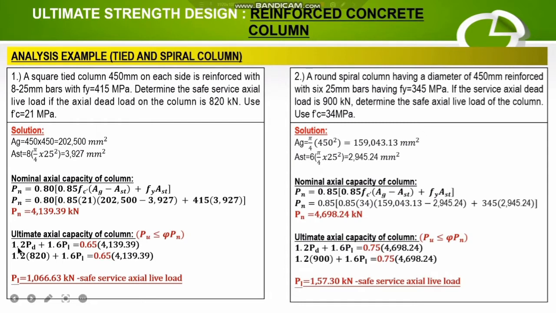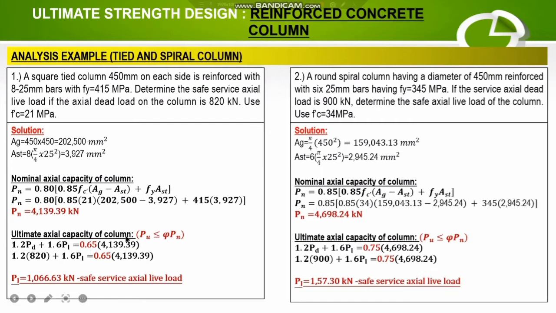So 1.2 PD plus 1.6 PL is equal to 0.65 times 4139.39. This 0.65 is the value of phi for the current NSCP code.